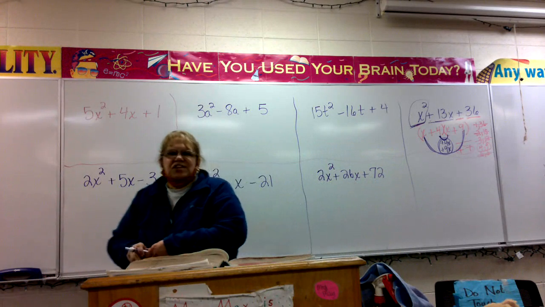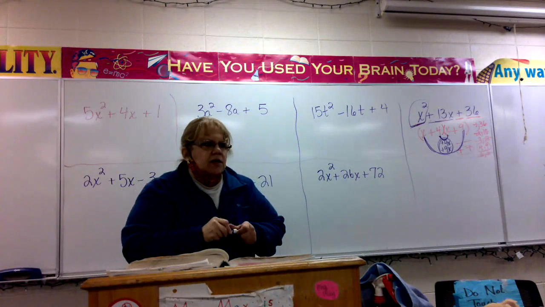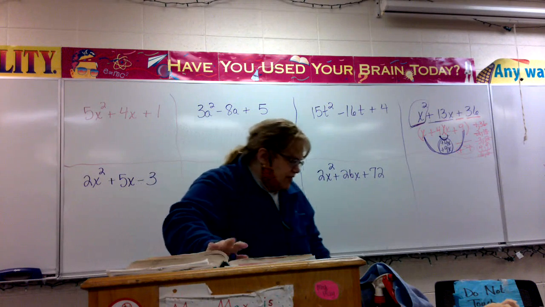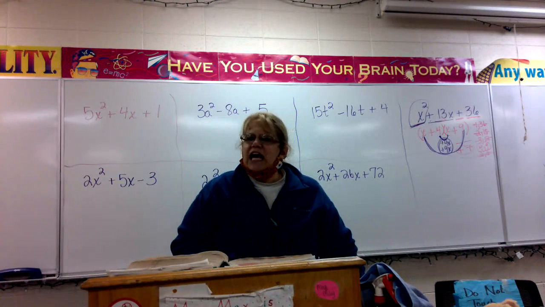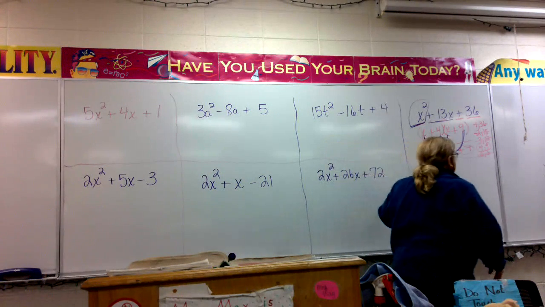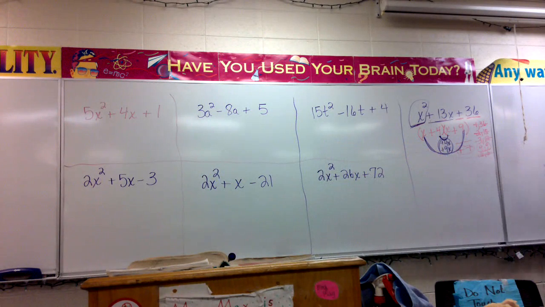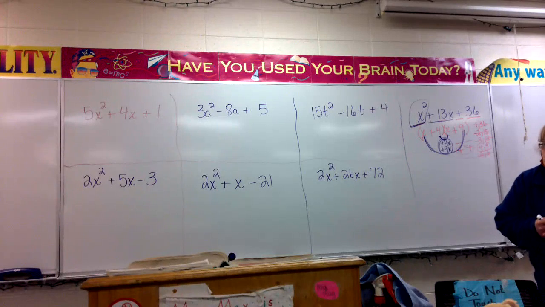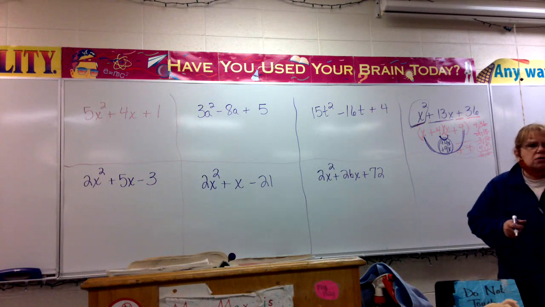The easiest thing is to look and see if there is anything in common. Look at these, 2, 26, 72. Is there anything in common with those? What, John? There's a 2.